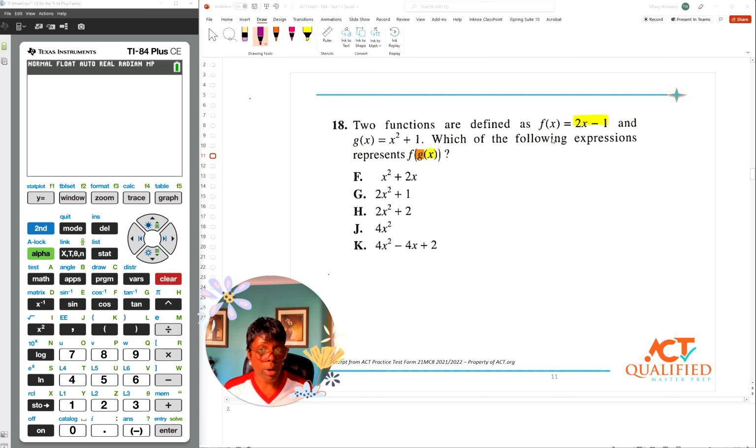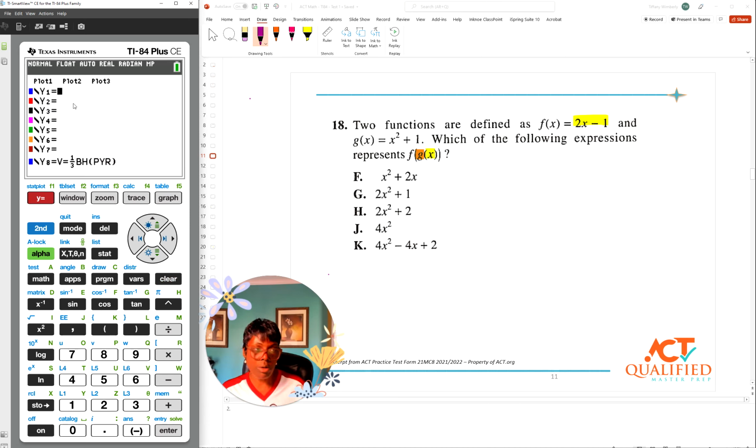All right, so what we're going to do, we are going to use our y variables to solve this particular problem. We are going to store f of x, which is 2x minus 1, into y1, and then g of x, which is x squared plus 1, into y2. So to do that, we are going to select the y equals key.